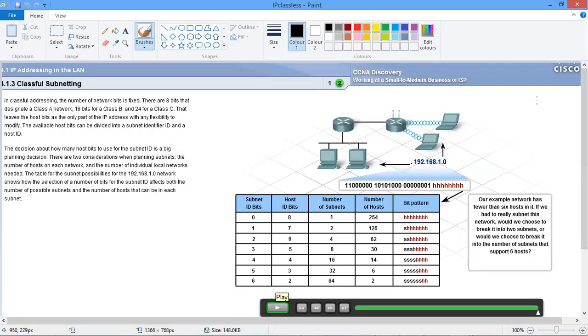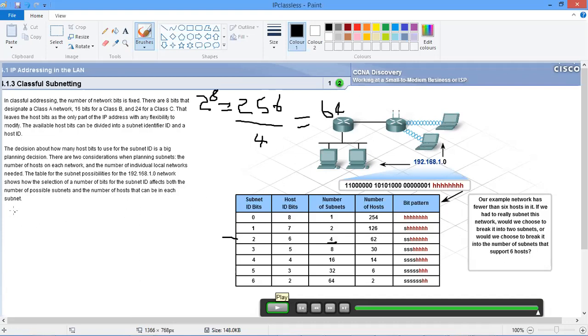Okay, if you don't want to do that case, you can say, now, if I borrow 2 here, I can have 2 raised to the power 8, which is 256. So 256 divided by the number of networks I have. When I borrow 2, it's going to be 4. So this is going to be 64.